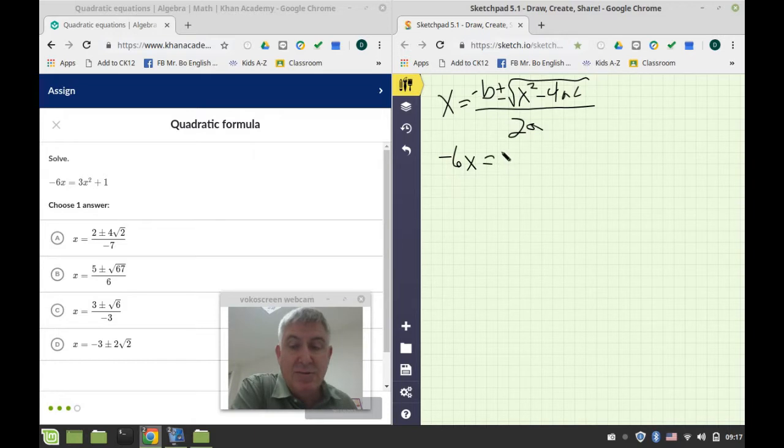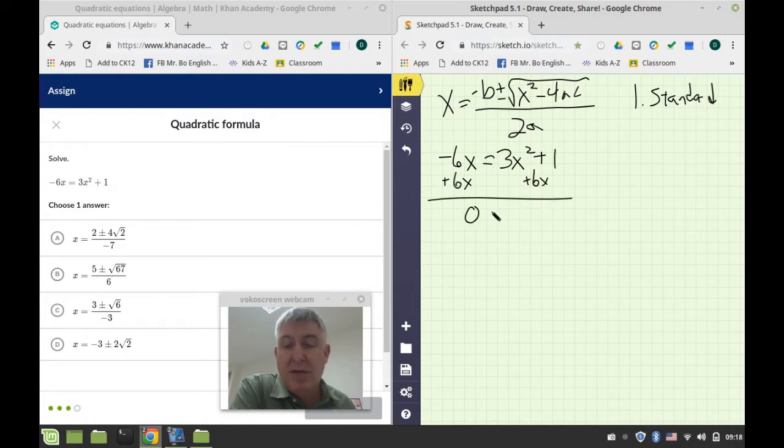So let's see, our equation is negative 6 equals 3x squared plus 1. So what's my step 1? Do you remember? Standard form. So I'm going to add 6x to both sides. And I'm going to get 0 is equal to 3x squared plus 6x plus 1. And I'm going to put it over here.